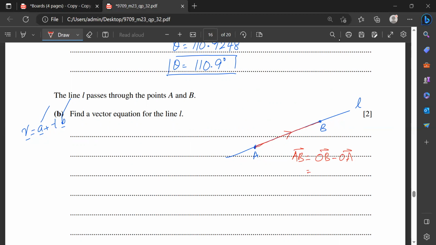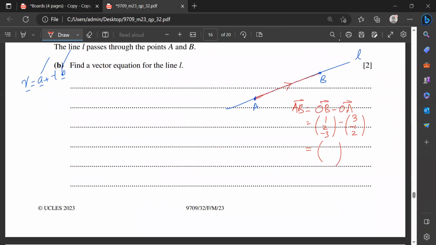So we have OB and OA, (1, 2, -3) minus (3, -1, 2), simply using plus minus: 1 minus 3 is minus 2 here, 2 minus 1 is 3 here, and minus 3 minus 2 is minus 5.